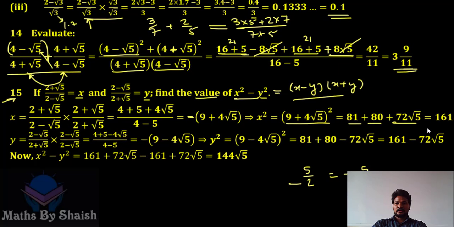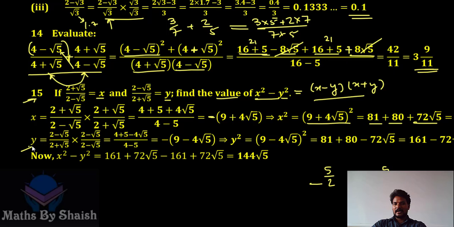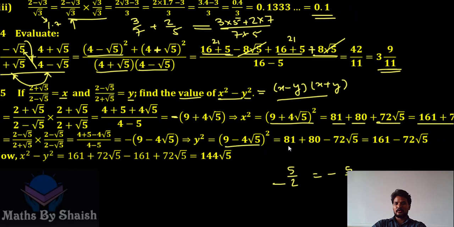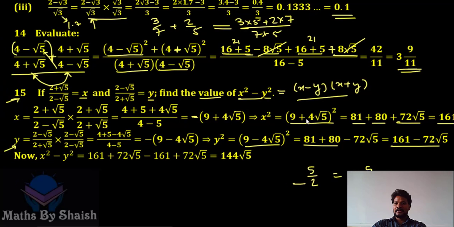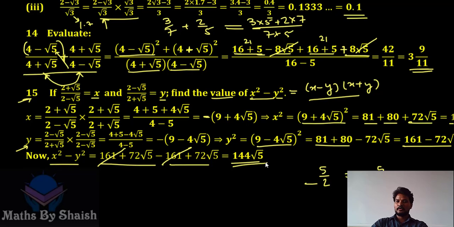And then lastly we get 161 plus 72 root 5, and the same way y also we rationalize and we get it as 9 minus 4 root 5, 81 plus 80 minus 72 root 5, that is 161 minus 72 root 5. And then we can calculate x square minus y square in this way just by replacing this value, minus changes the sign, and we can see these two got cancelled and we got 144 root 5.